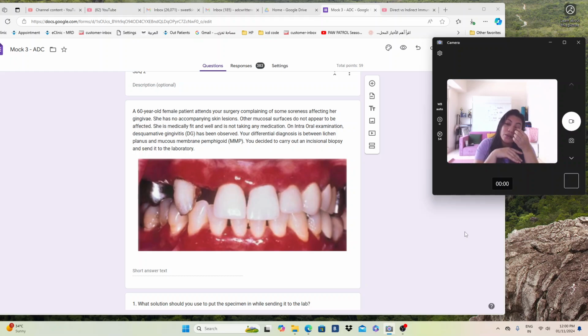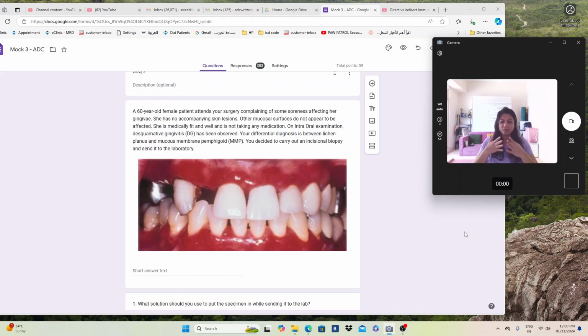Okay. So on intraoral examination, desquamative gingivitis has been observed. So you already know that there is a lesion and it's like an exfoliating kind of thing. Desquamative gingivitis is a very broad term. It's like me telling you something is yellow in color.